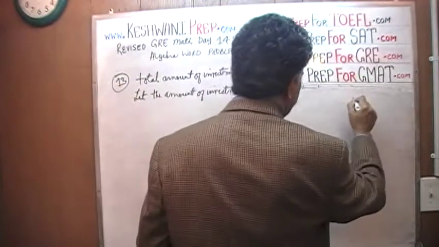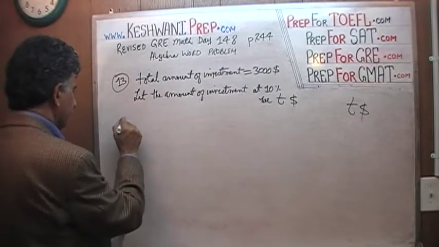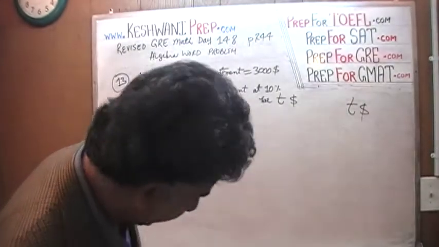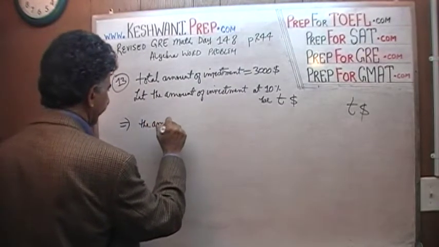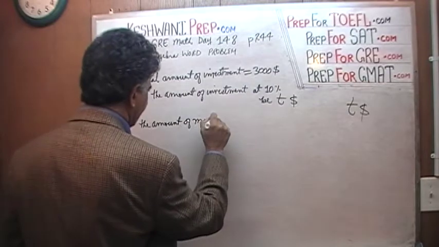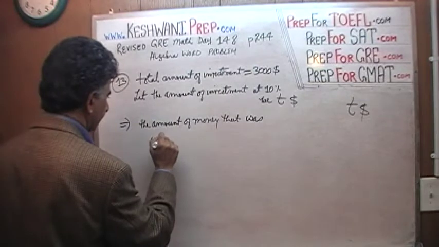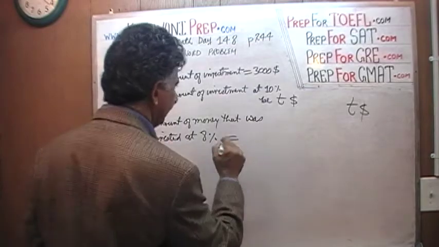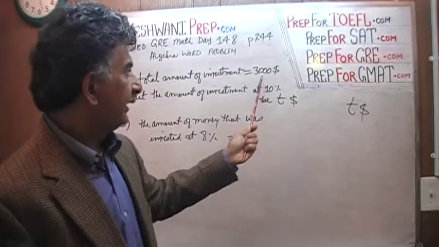I'm using letter T to represent the amount of money that we are investing at 10%, which implies the amount of money that was invested at 8% must be whatever money we invested at 10%, we take that away from the $3,000.